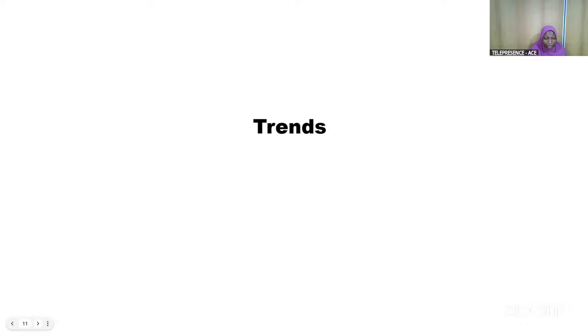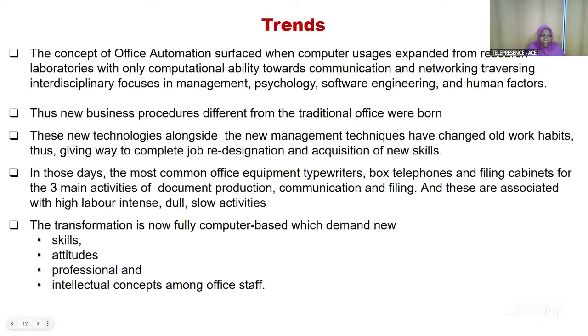I want to move on to the trends now. Trends in office automation concept. We are making use of technology to carry out the normal office tasks. We are making use of computers and telecommunication, and we are going through what a normal office should go through, and it is being achieved.